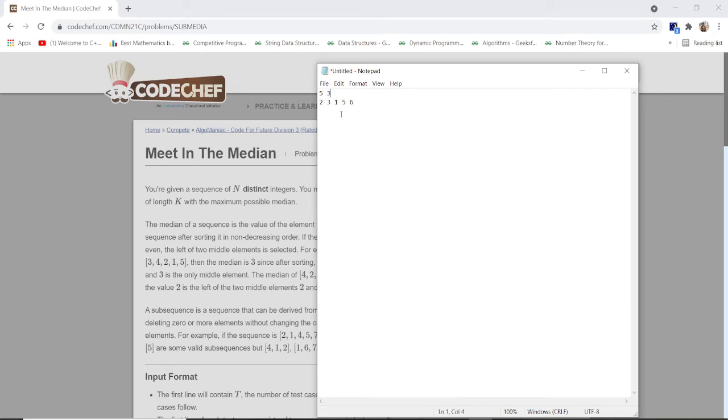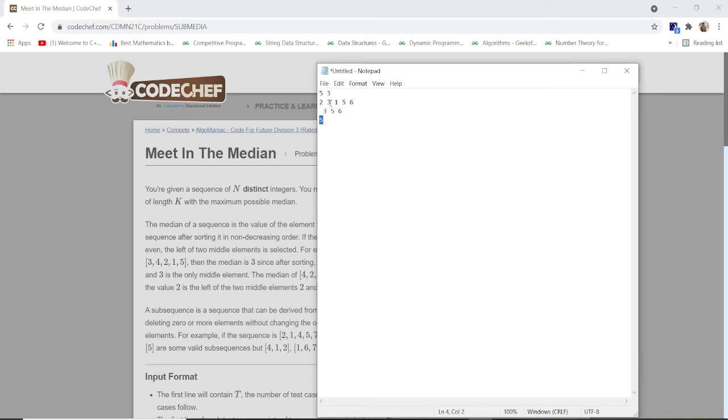So what does that mean? As you can see, if I take 3, 5 and 6, what is the median here? 5. Okay, so the answer is 5.